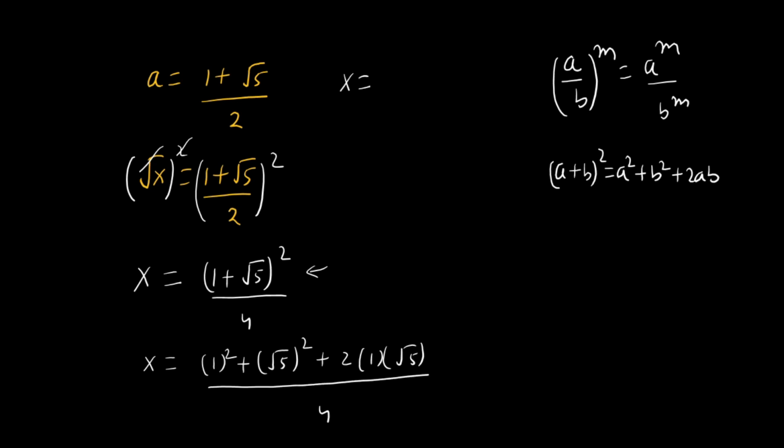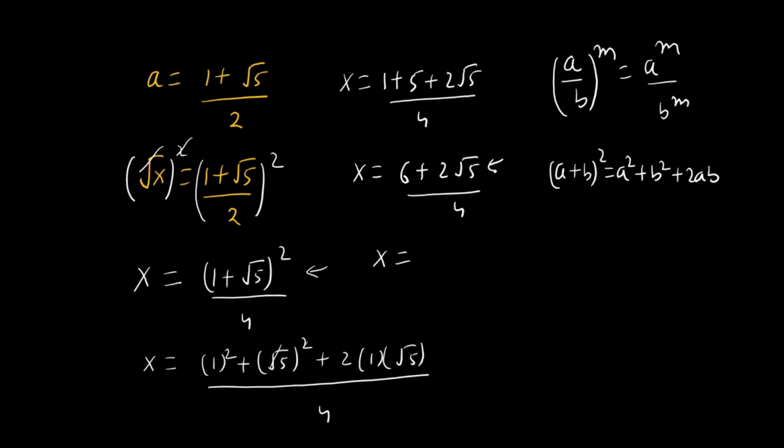Then x is equal to 1² that is 1, plus √5 squared is cancelled out, so plus 5, plus 2√5, over 4. x is equal to 1 plus 5 is 6, plus 2√5, over 4. x is equal to, in the numerator if we take common 2, then (3 + √5) over 4.